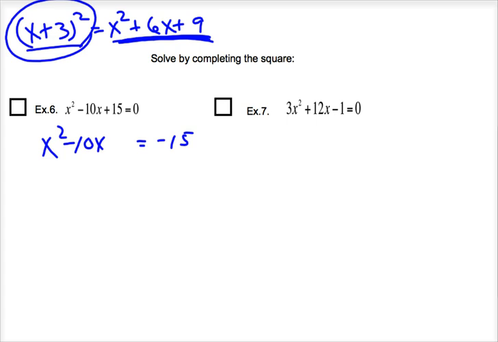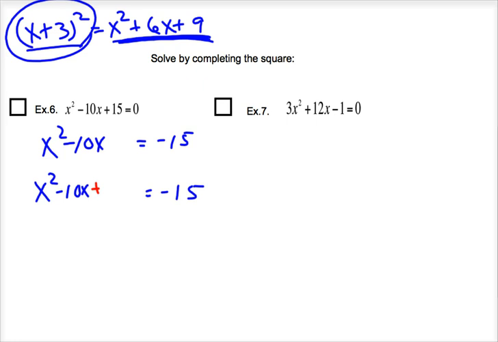In order to create a perfect square trinomial, you need to realize that you're going to be adding something to the left because that last term is always plus. Well, what do we add to it? What we add to it is the x term cut in half squared.